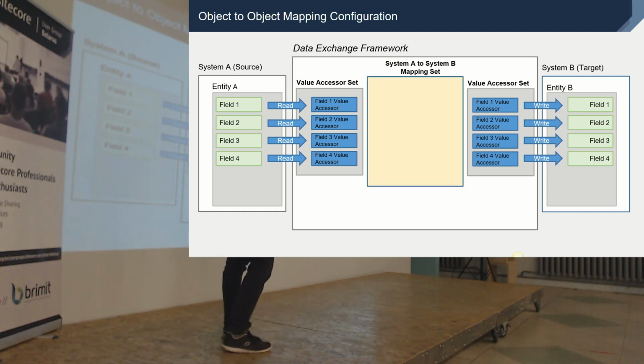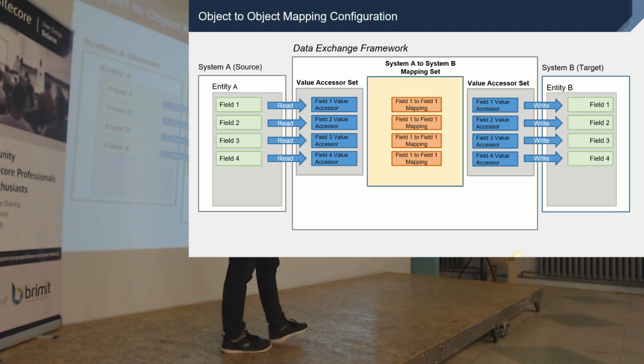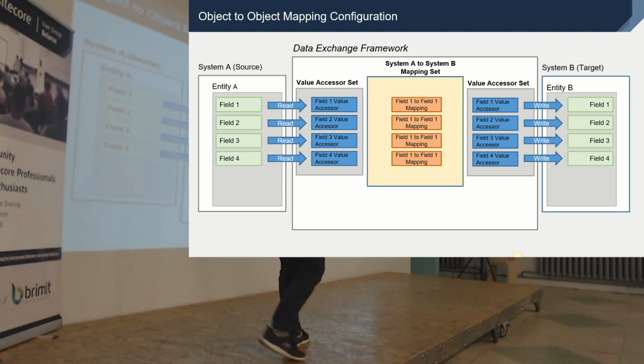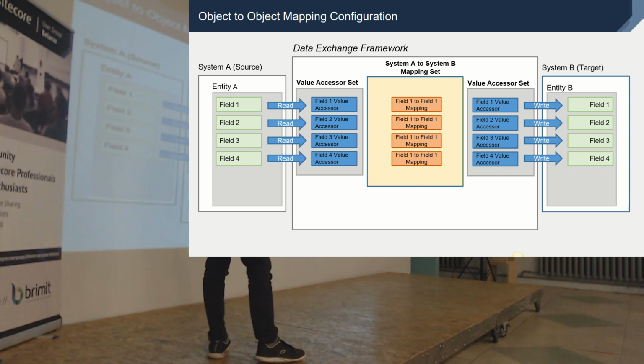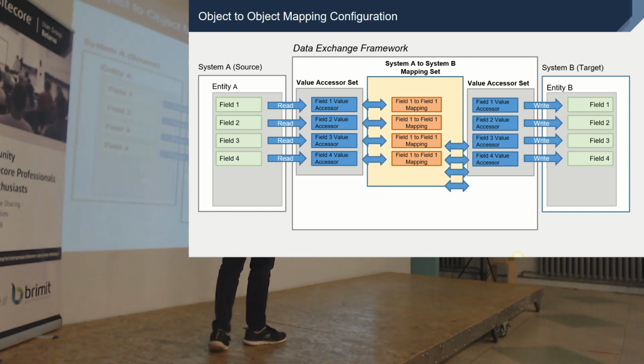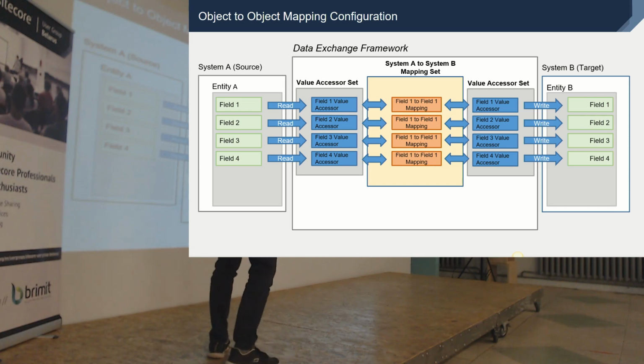And then finally we have the system A to system B mapping set. A mapping set again is just a folder, and we create the mapping for each field. The mapping itself uses value accessors to read data from the source and then to write data to the target.